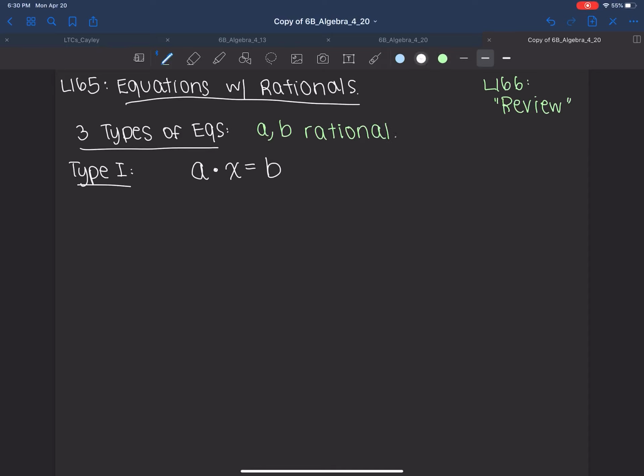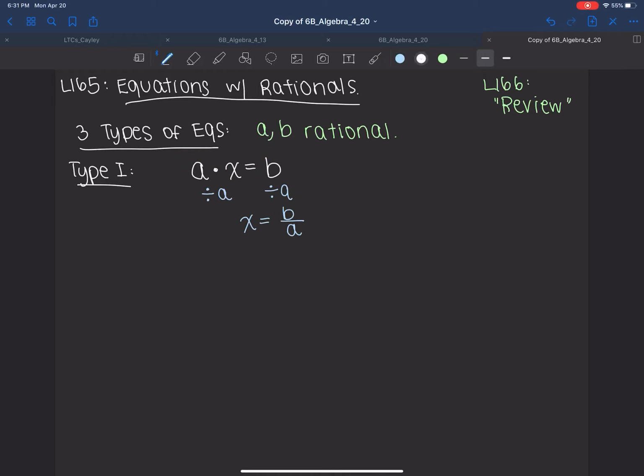And we saw that this is really similar to just equations with integer a and b. We're going to just divide both sides by a and solve for x this way. x is equal to b over a. Okay? One thing we need to be careful about now, though, is to pay attention to the signs of a and b.